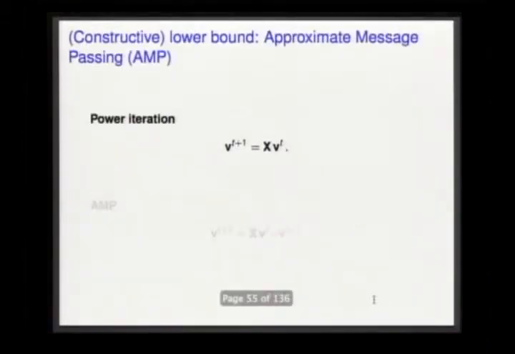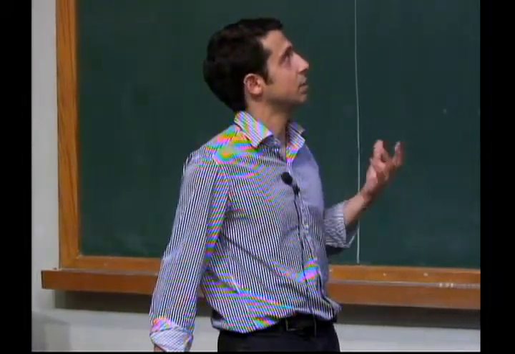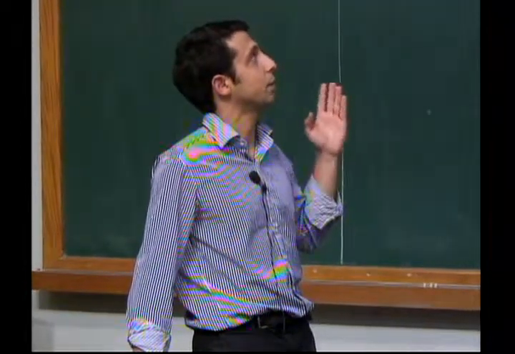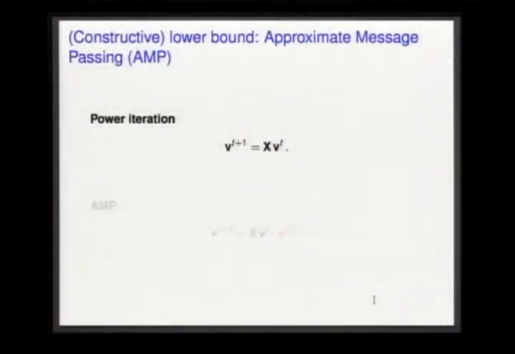And as I said, to get a lower bound, we'll use a constructive proof, which is based on using approximate message passing for this problem. The basic way of obtaining the leading eigenvector of a symmetric matrix is by using the power method, by hitting a vector multiple times by the matrix and normalizing at each time if you want numerical stability, or otherwise normalizing only at the end.